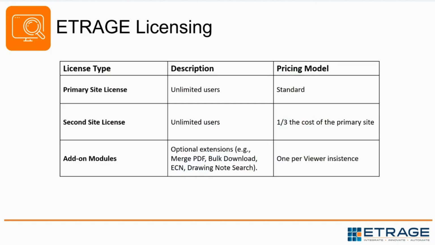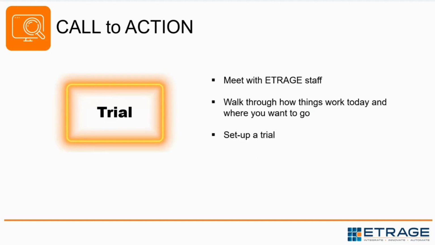We have customers with 10,000 users to 10. So we're very much able to conform to your business, and we'd love to discuss. So when you have time, reach out, and we'd like to get stuff set up. We also have a number of different add-on modules for watermarking, drawing notes. You can see some of those extensions on our YouTube channel, so check it out there.